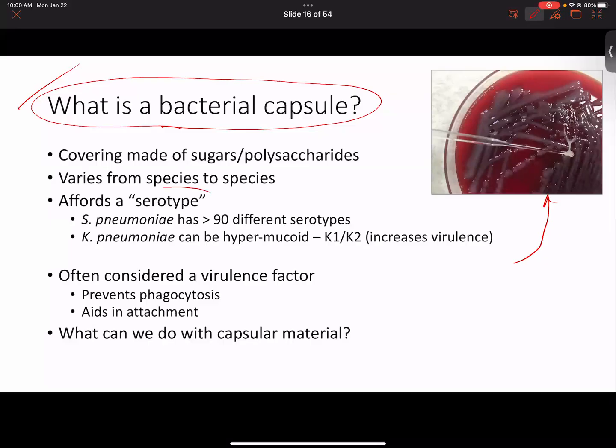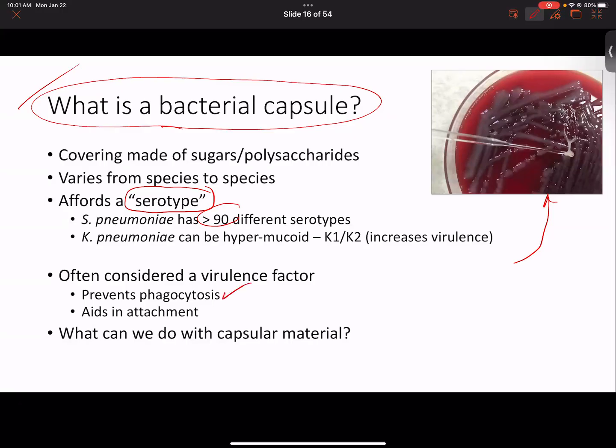And we actually can use this capsular material to serotype bacteria as well. So when you look at Streptococcus pneumoniae, there are over 90 different serotypes of strep pneumo, and we serotype them based on the composition of this polysaccharide capsule.